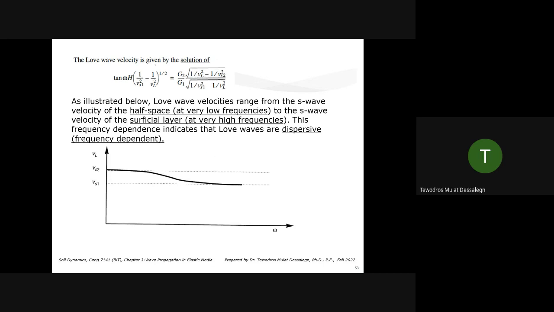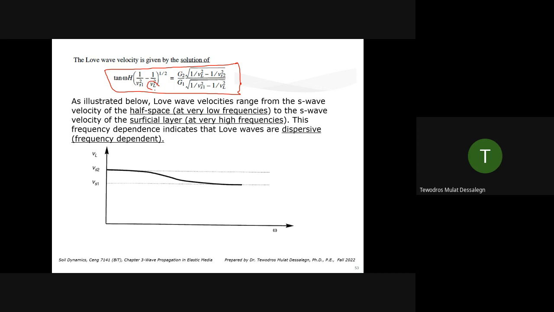The Love wave velocity is given by the solution of this. You have this equation in the form of omega. Omega is the forcing frequency of, let's say, the seismic motion. H is the depth of that layer. VS1 is the shear wave velocity within the first layer.